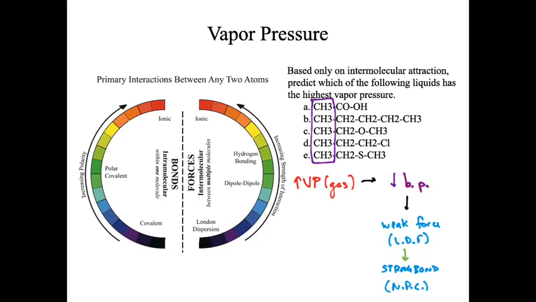The rest of the molecule. Okay? So what do we see in answer choice A? Carbon and oxygen and oxygen and hydrogen. We heard a suggestion for the hydrogen bonding, which means you ignored the carbon and oxygen because the oxygen to hydrogen is going to get you a stronger force, hydrogen bonding.